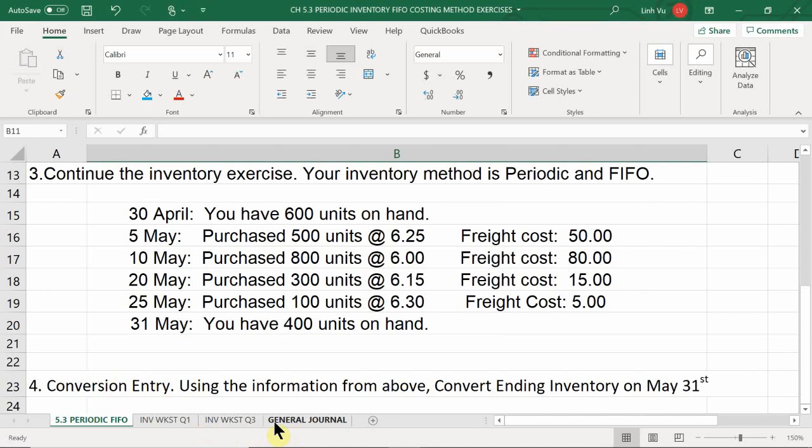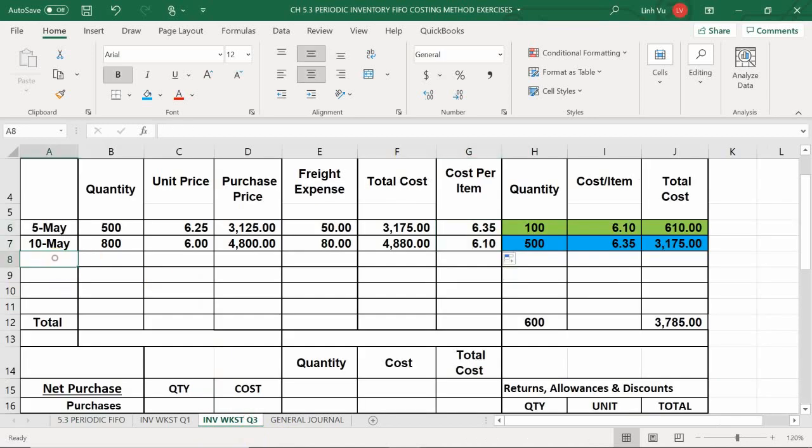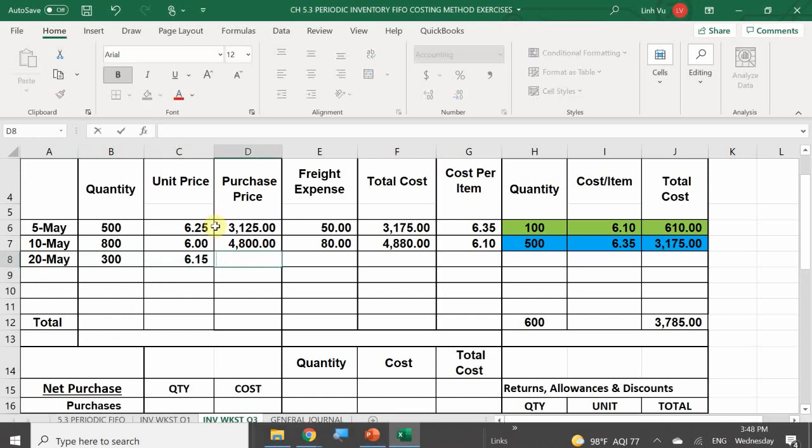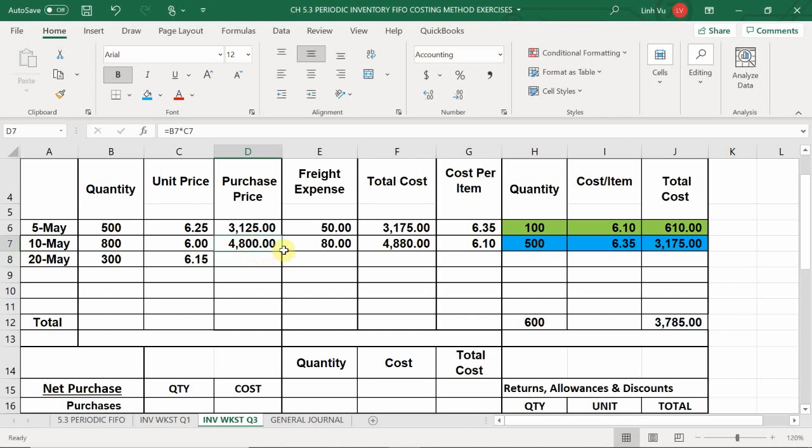On May 25th, we purchased an additional 100 units at $6.30 with the freight costing $5. We bought 100 items at $6.30 with a freight of $5.